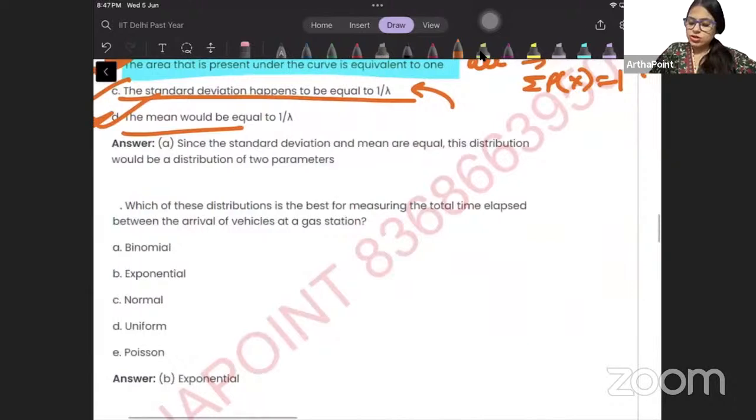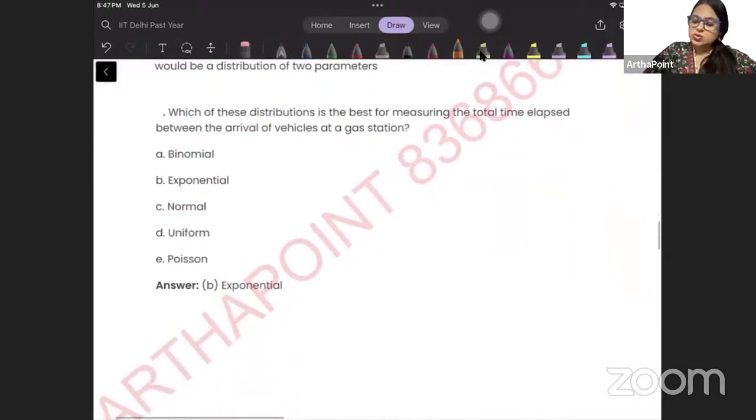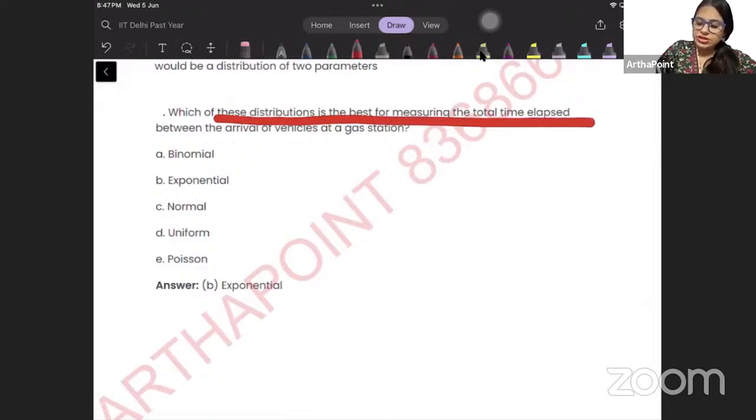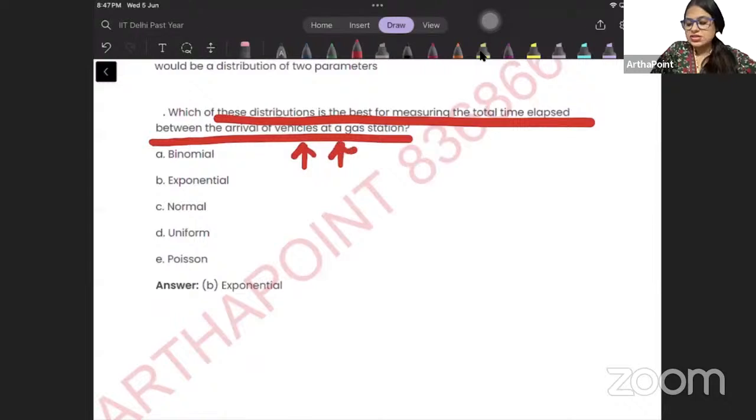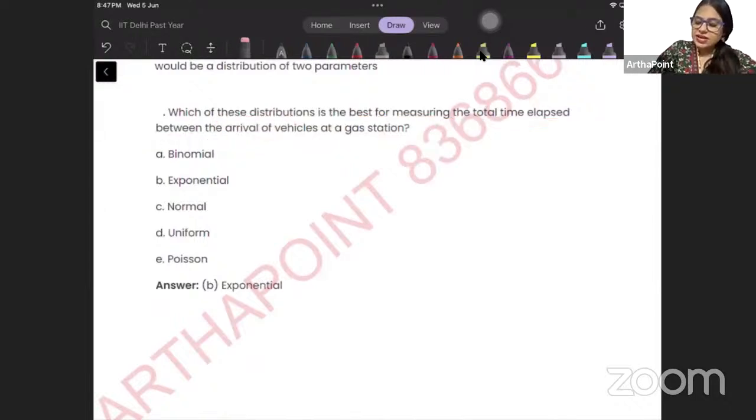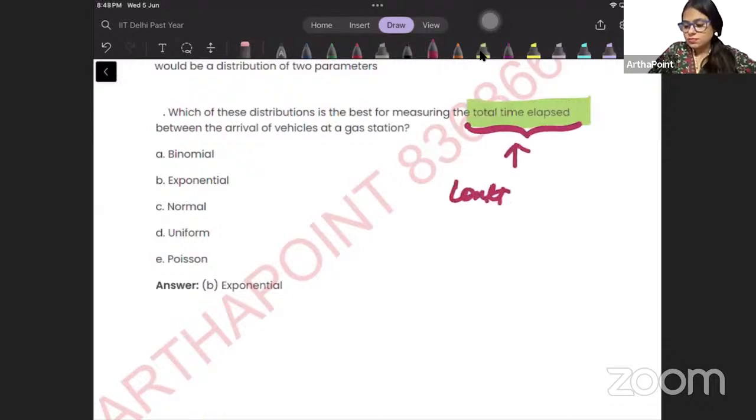Okay. Come to the next question. It says, which of these distributions is the best for measuring total time elapsed between the time of arrival of vehicles at a gas station. Now try to understand that whenever we talk about the time elapsed, we are talking about a continuous variable, first of all. So it cannot be binomial, right?